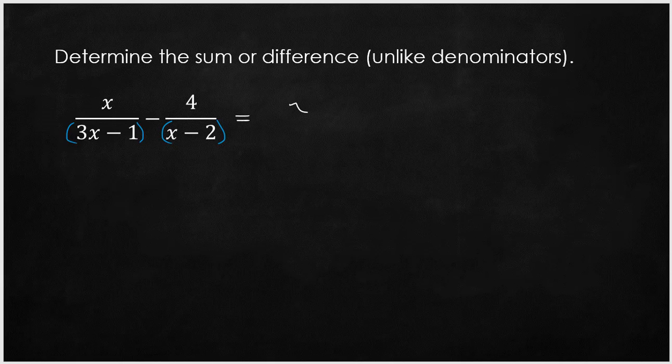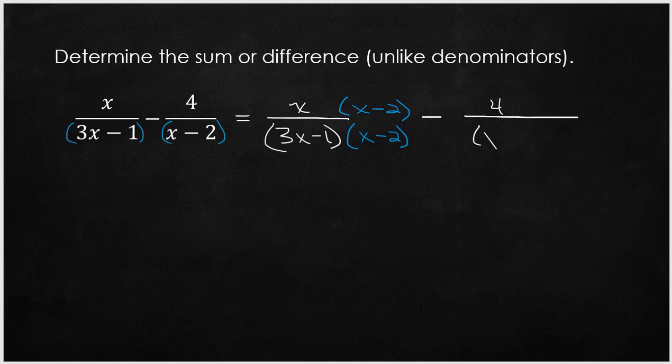All right, so on this left side, I get x over 3x minus 1. And I'm multiplying this times our friendly denominator on this other side here. Whatever I do in the bottom, I'm going to go ahead and do in the top. And we are subtracting 4 over x minus 2.